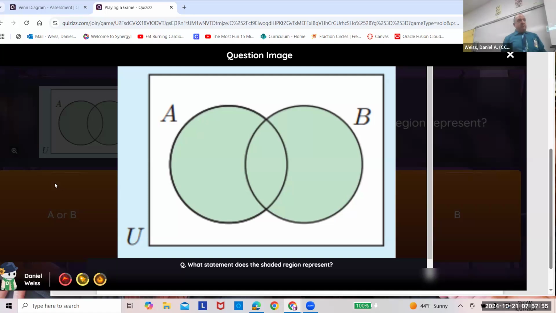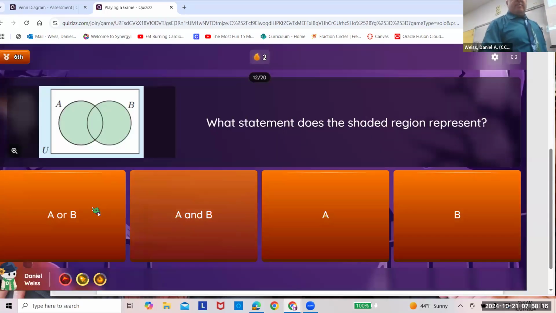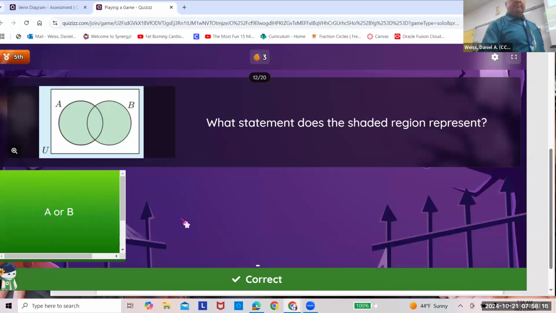Either one, A or B. You understand the difference between A and B and A or B? This is A or B because it could be either one. So it's the whole thing, right? A and B is only going to be in the middle where they overlap. Okay. So A or B.